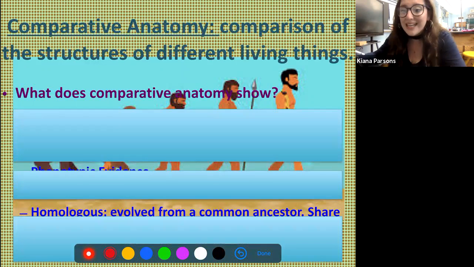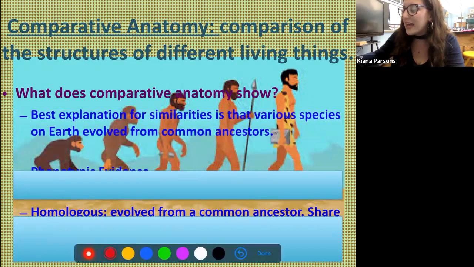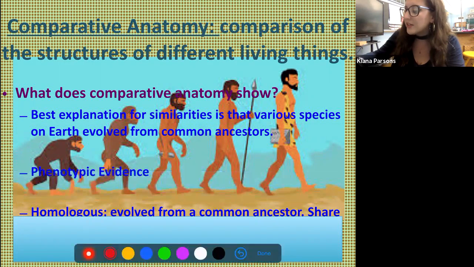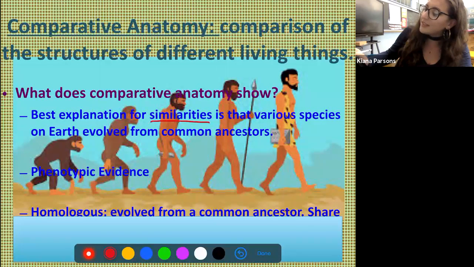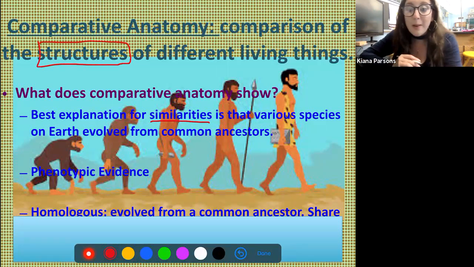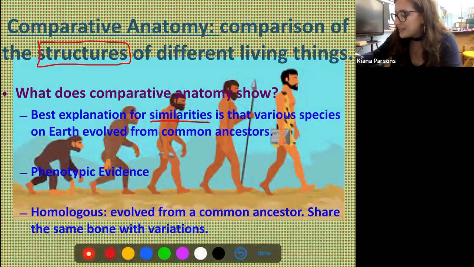All right, the next one is comparative anatomy. So comparative anatomy is the comparison of the structures of different living things. So what does comparative anatomy show? The best explanation for similarities is that various species on Earth evolved from common ancestors. So these are similarities in their structures, so how their body looks, and this is phenotypic evidence.